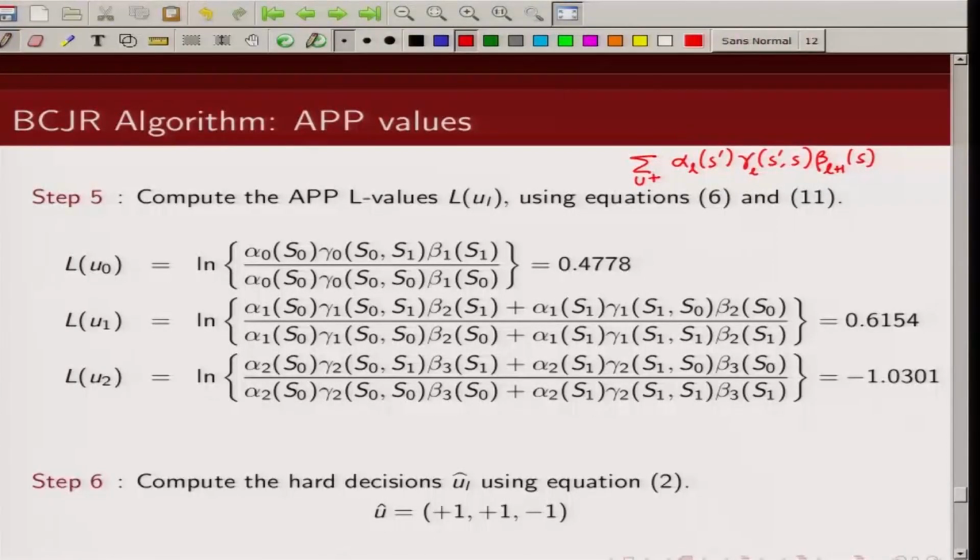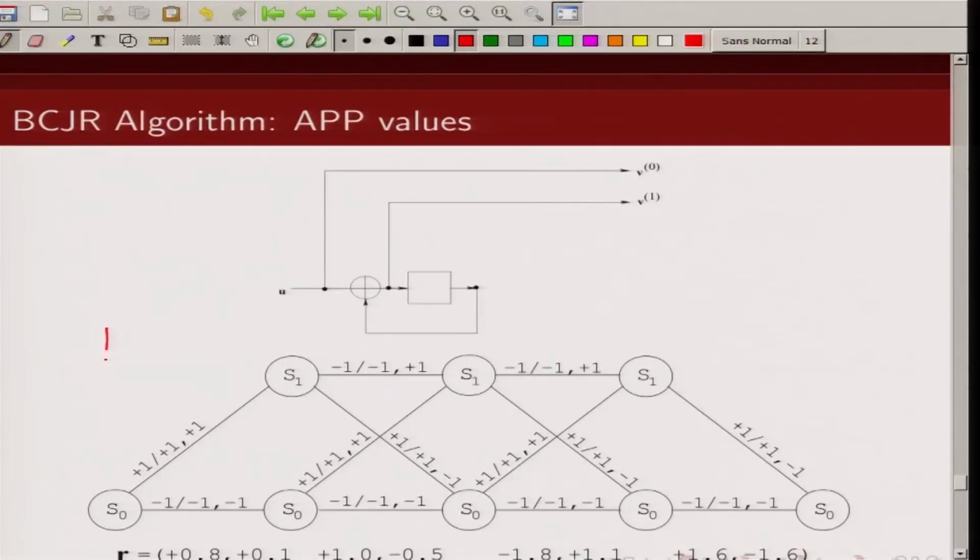So, let us look at how we can compute this. Let us look at the first case. u0 is the information sequence that we are trying to estimate for the first time instance, t equal to 0. So, we are looking at this trellis section.